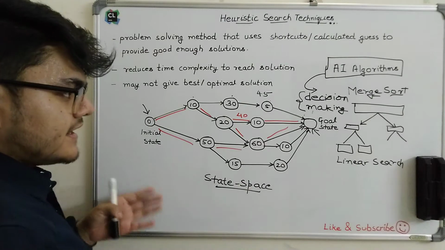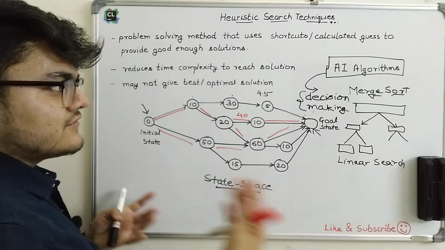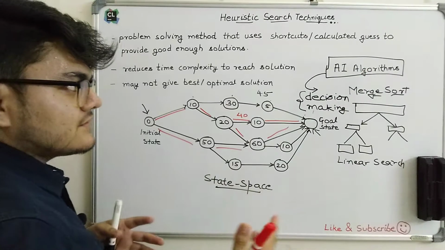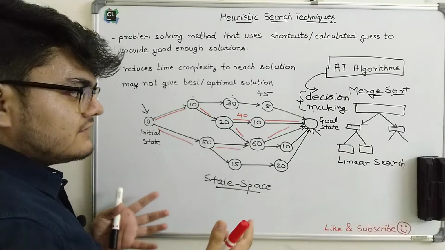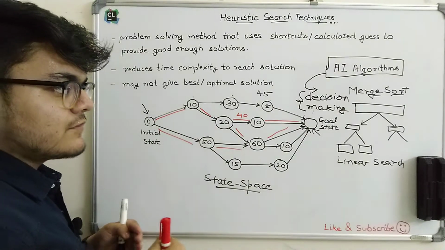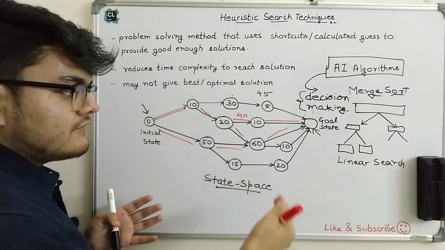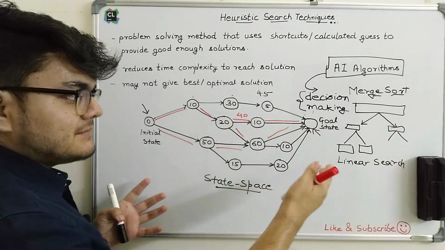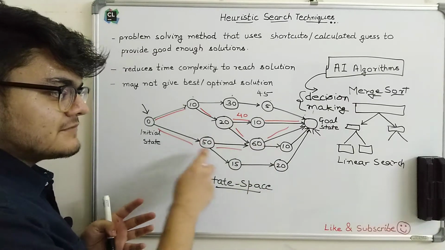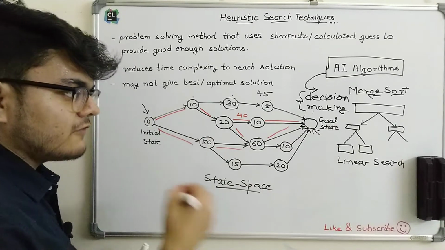The dictionary meaning of heuristic is a calculated guess or a shortcut, where we take this guess from past experience, from before we have the problem, and on the basis of that we will make decisions by not exploring those paths which are not optimal, right? So let's see how we can do that.